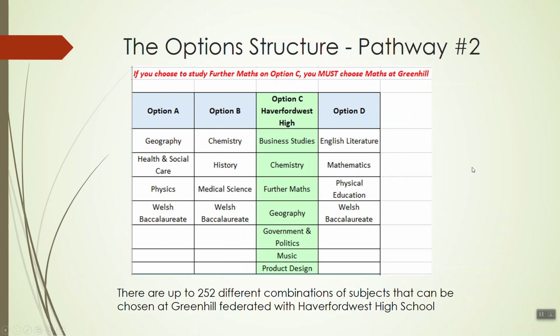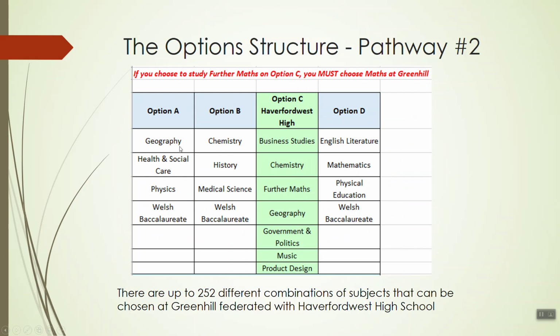Then we come to option pathway 2. And option pathway 2 is where our option block C is replaced by Haverfordwest High's option block C. And that increases your choice up to 252 different subject combinations. The same thing applies.